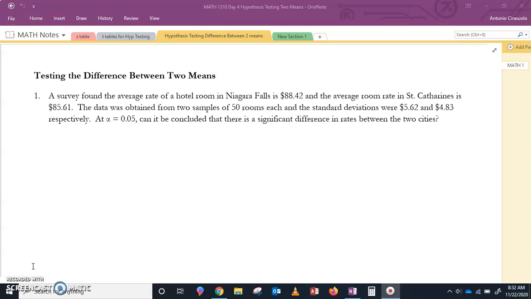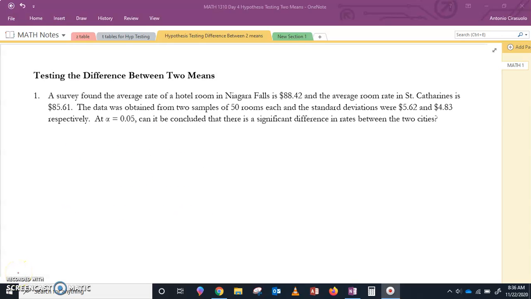At alpha equals 0.05, can it be concluded that there's a significant difference in the rates between the two cities? Now, looking at this question, you can see that our average from each of the two cities is different, but the question is, when you factor in the standard deviation and the size of the samples, are they far enough apart to say that the rates are actually different?